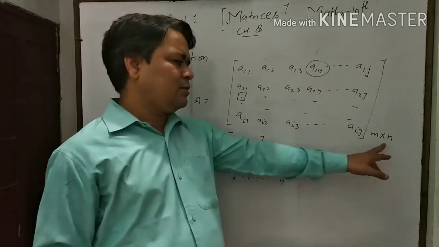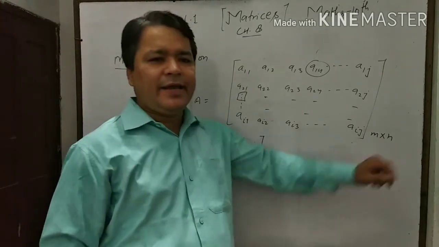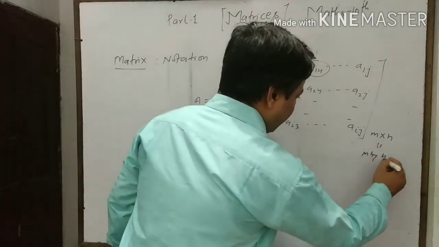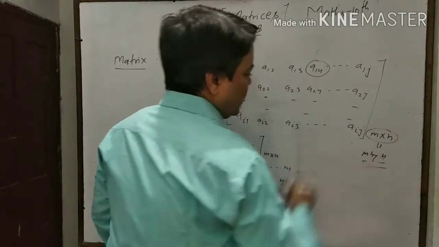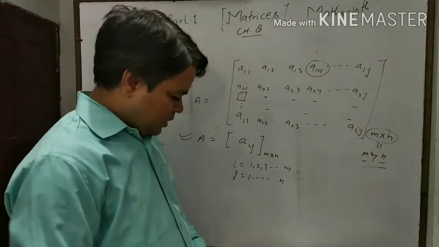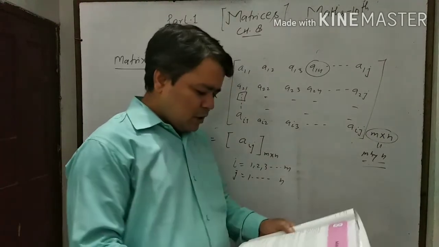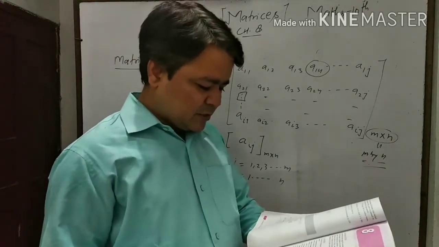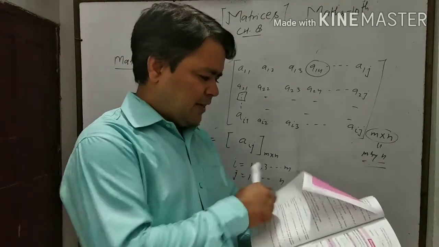So the order of the matrix is m by n, which we read as m by n and write as m cross n. So this is all about the introduction of the matrix, its notation and order.